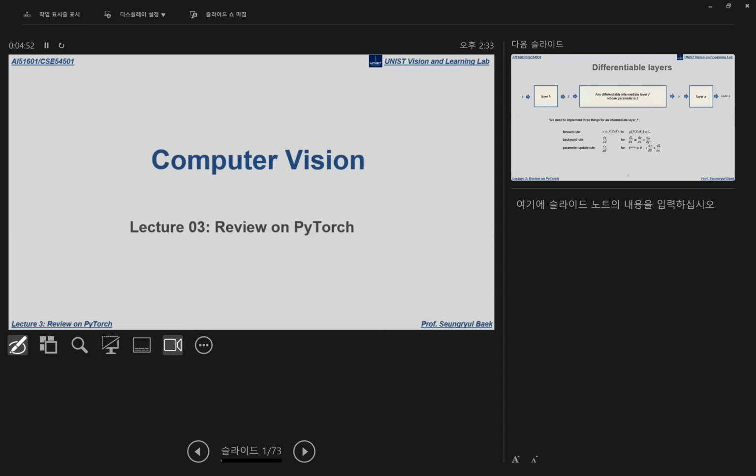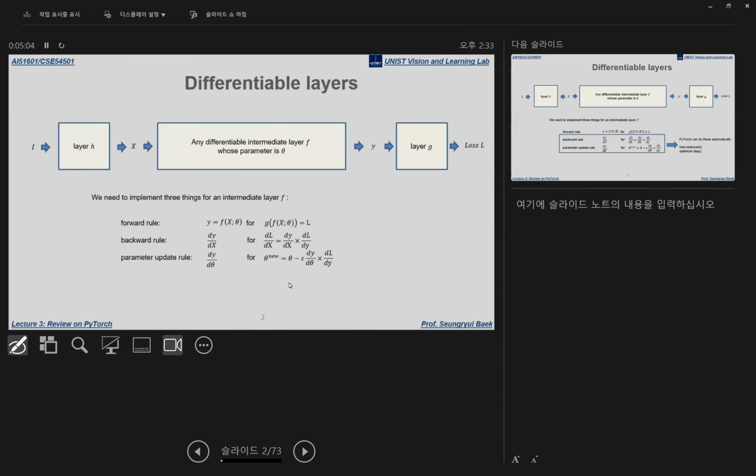Okay, so from today, we are going to learn how we can use PyTorch to implement deep learning algorithms. This is something we learned from the previous lecture. Inside the deep learning architecture, we can stack multiple differentiable layers.